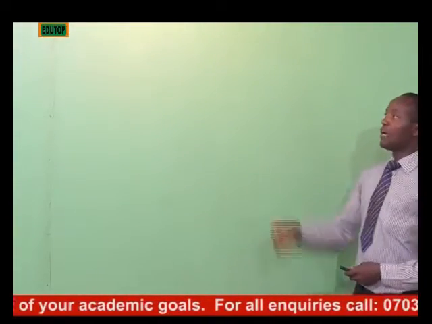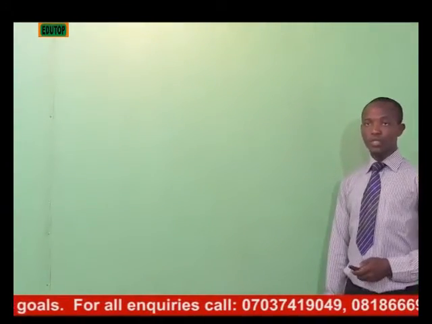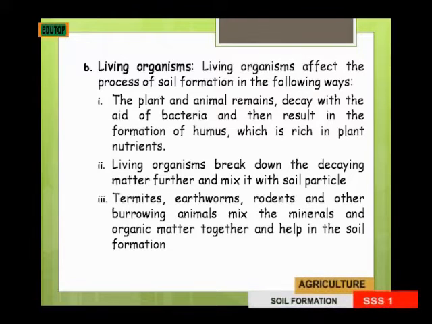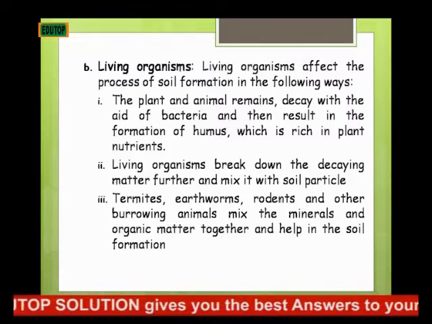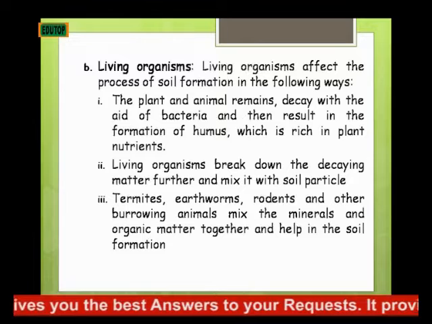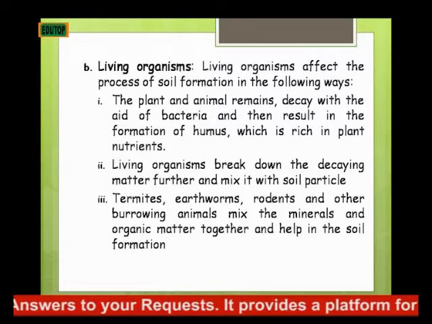Then the third factor that influences soil formation is living organisms. Living organisms affect the process of soil formation in the following ways. Number one, the plant and animal remains decay with the aid of bacteria and result in the formation of humus, which is rich in plant nutrients.